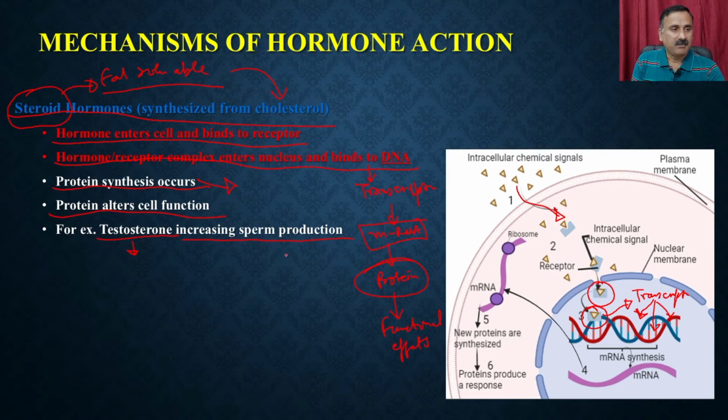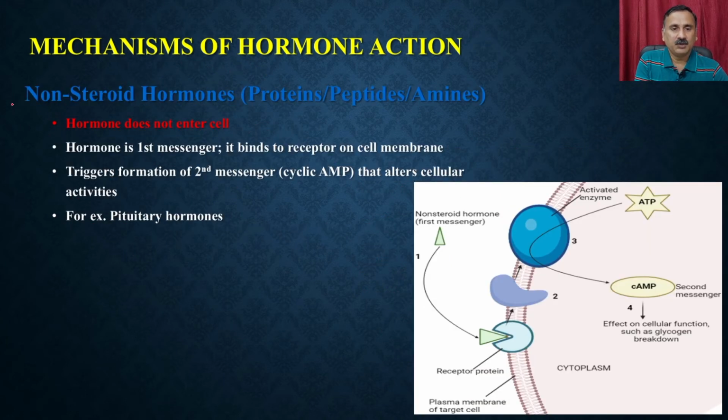Now let's talk about the non-steroid hormones, or the protein hormones. Because they are hydrophilic in nature, they will not enter into the cell, and that is the major difference between the steroid hormones and the non-steroid hormones.